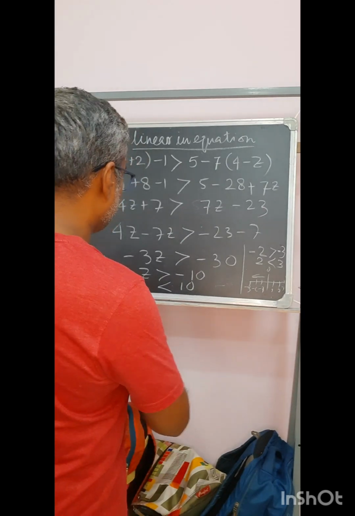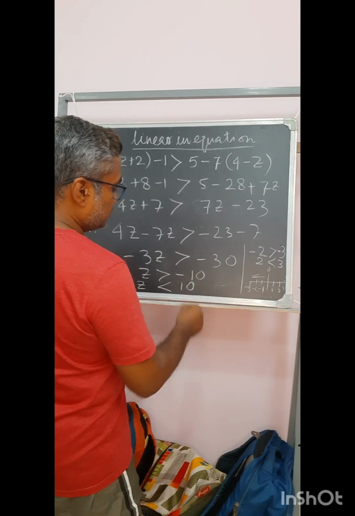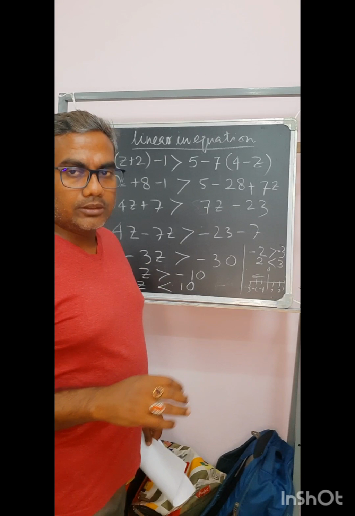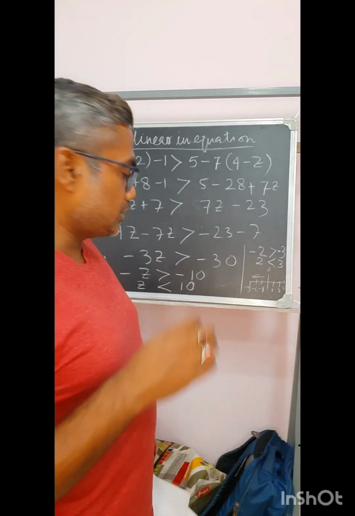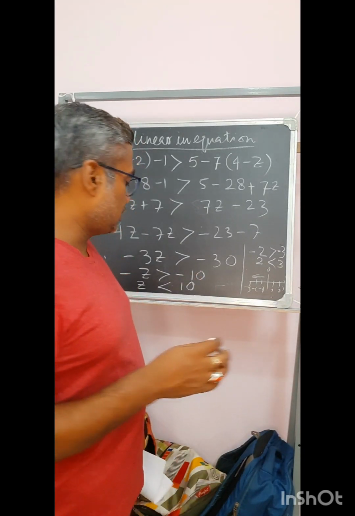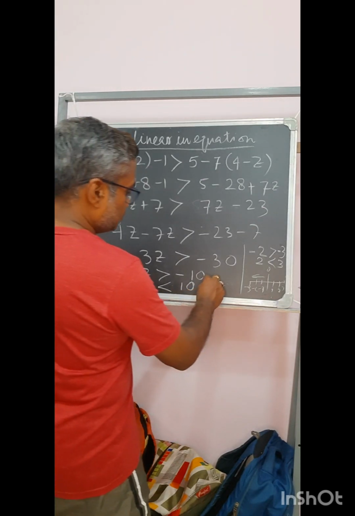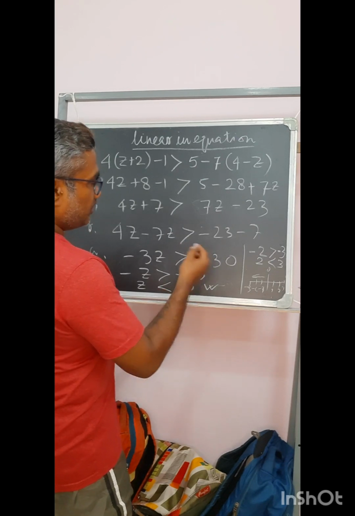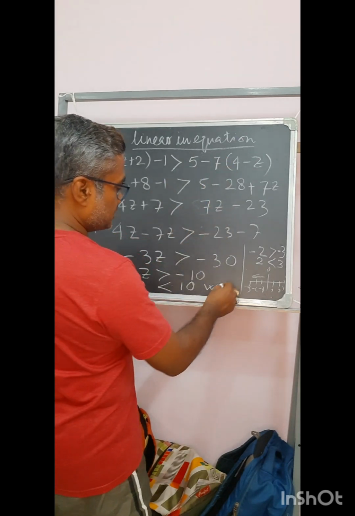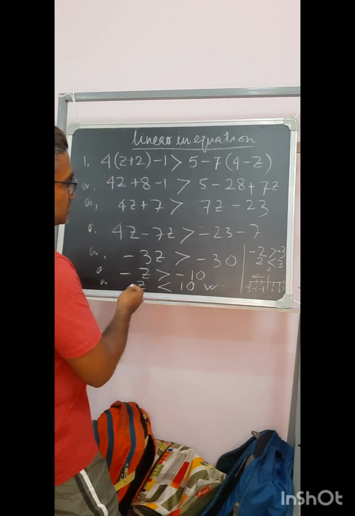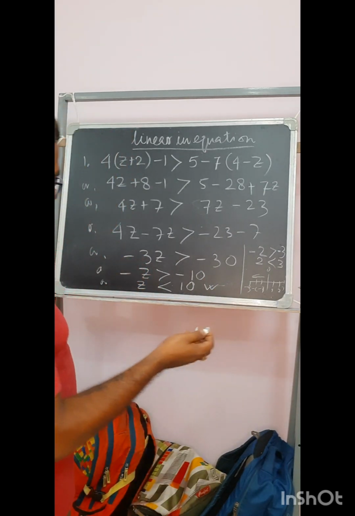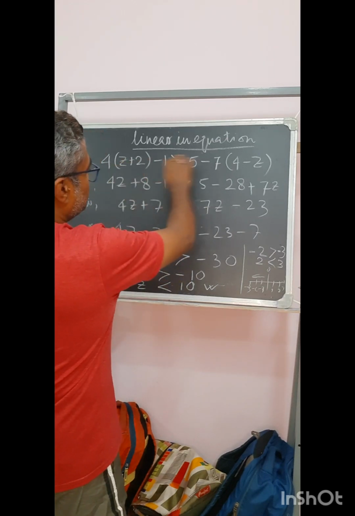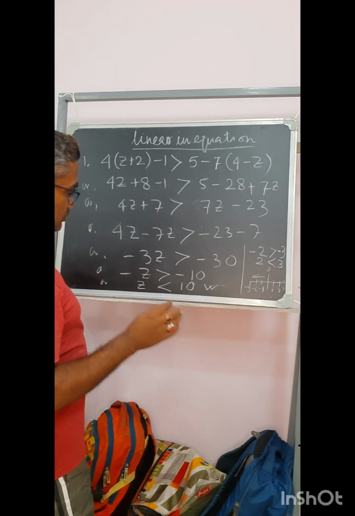So if z is less than 10, that can be any value less than 10, whether it is a positive integer, negative integer, whole number, natural number. So any value less than 10 would be the solution for this. So that means below 10, and it is not said that z is not a fraction, so you can also take a fraction. So this is the solution where you can say this inequation is true for z less than 10.